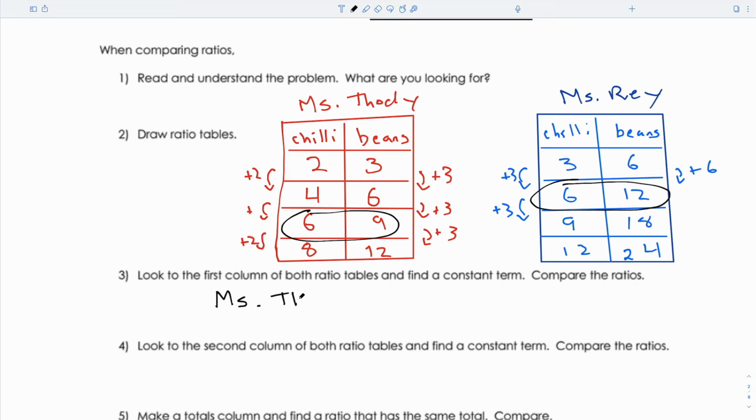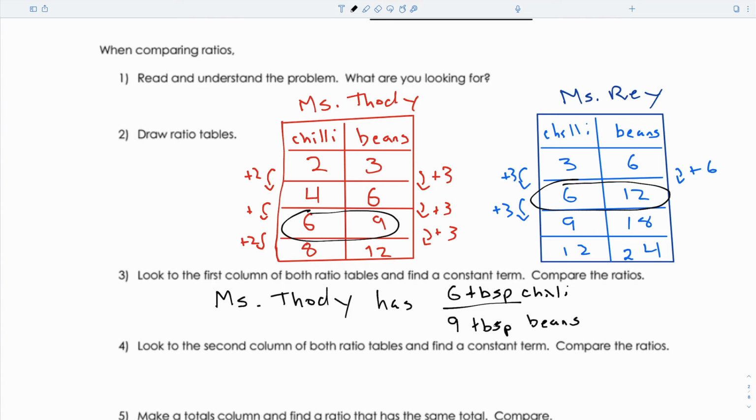So I'm going to say Miss Toady has, we're going to make a ratio, 6 tablespoons, TBSP, of chili to 9 TBSP of beans.